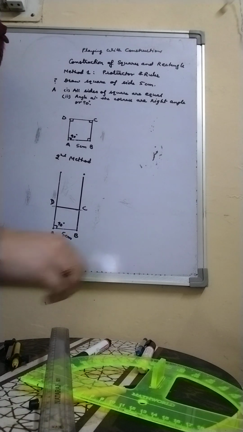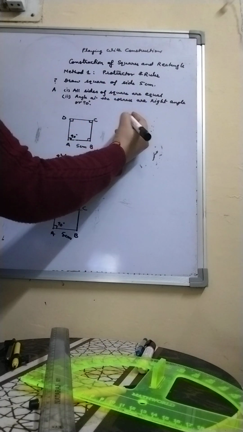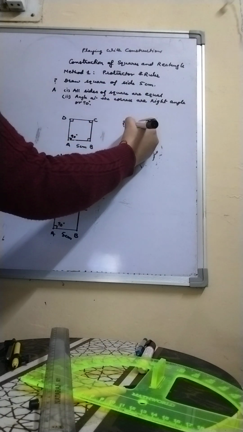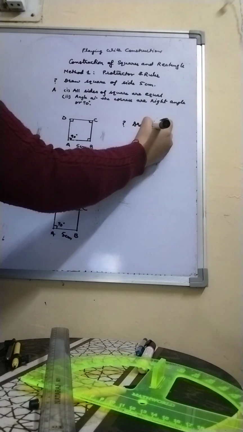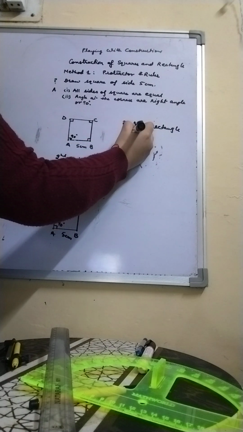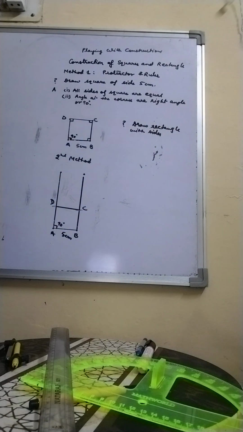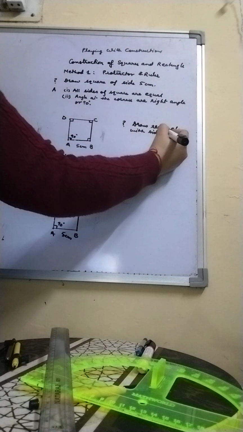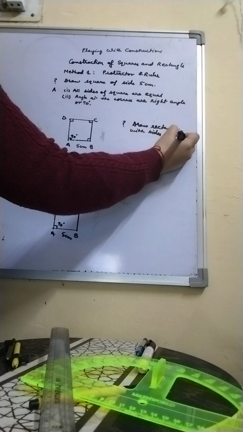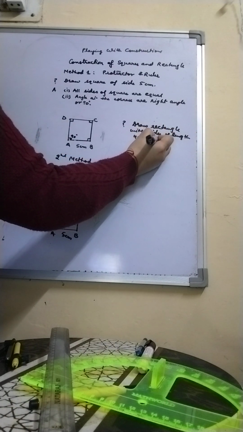Okay, we do one rectangle part before doing the questions. Suppose you have to draw, question is draw rectangle with sides. What sides it has given? Sides of length 4 centimeter and 6 centimeter.